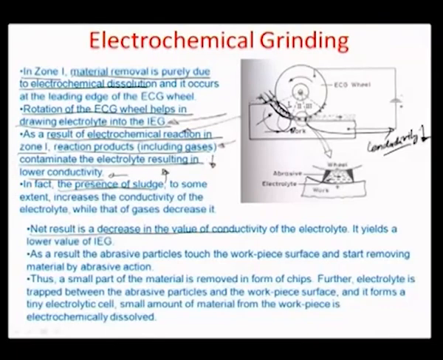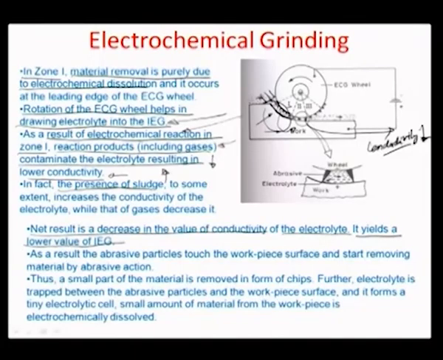So, the net result is an overall decrease in the conductivity of the electrolyte, because gases are emanated and dissolved into the electrolyte system much faster than the debris dissolves, which is solid and limited by diffusion kinetics, and therefore it yields a lower value of equilibrium gap.